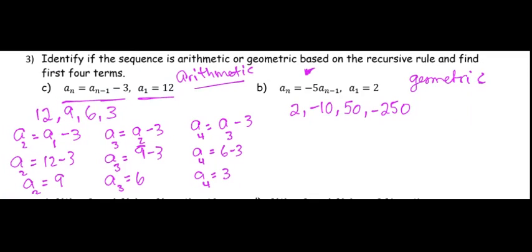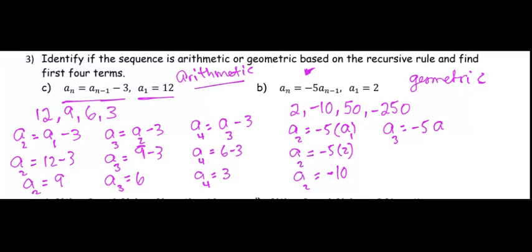I can also just follow the rule. The second term is equal to negative 5 times a sub n minus 1, that means 2 minus 1, which is 1. That means the second term is negative 5 times the first term, which is 2, and the answer is negative 10. The third term is going to be negative 5 times a sub 3 minus 1, which is 2.